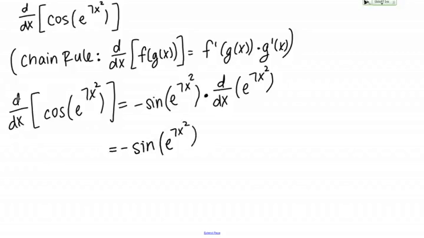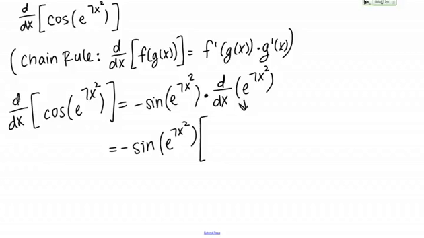When you have a double chain rule problem like this, try not to think about too many things at once. Just think about one derivative at a time. I'm just going to keep this negative sign out front, but forget about it for now. All I'm going to do is focus on taking the derivative of e to the 7x squared.